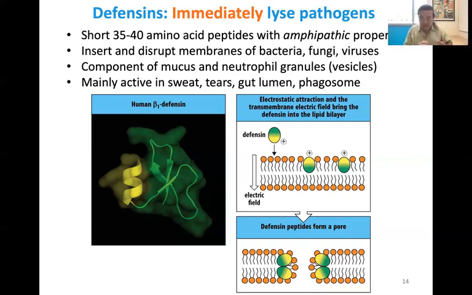So as a result, we evolved that this particular type of mechanism of defensins involve proteins that are only expressed or secreted in things like our sweat or tears or into the lumen of our gut, or inside of macrophages, the phagosome vesicles. Right?